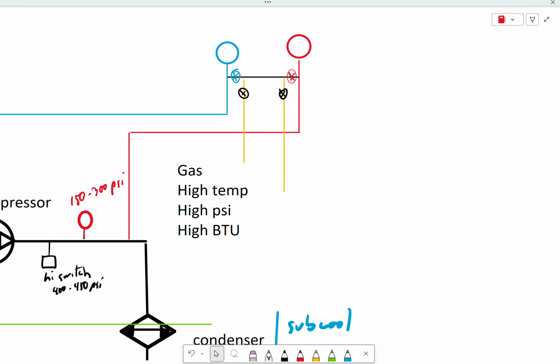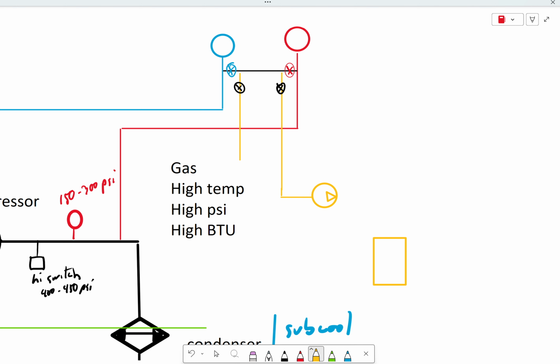And when you recover refrigerant, what you're going to do is take a pump. That pump is your recovery unit. Now with that recovery unit, we're going to pump the refrigerant into a bottle, a recovery tank. A recovery tank is just a containment vessel. It usually has 2 valves on it.